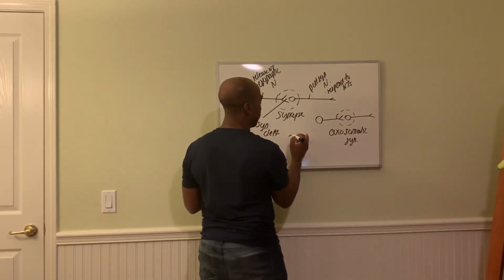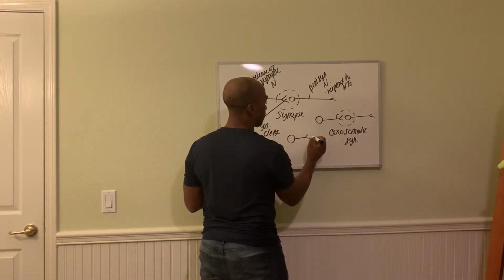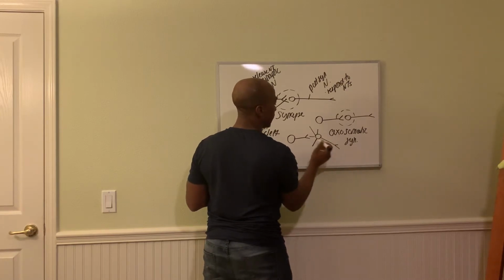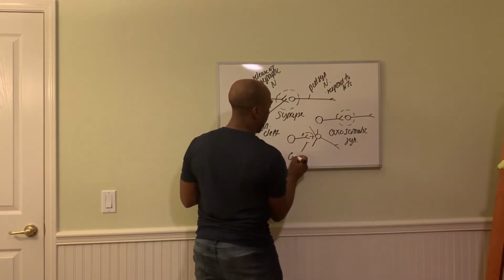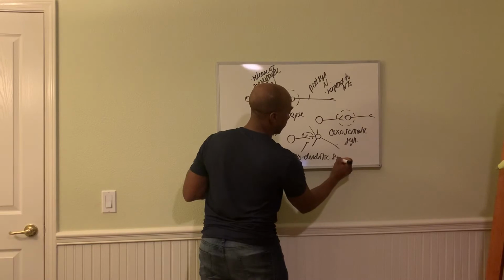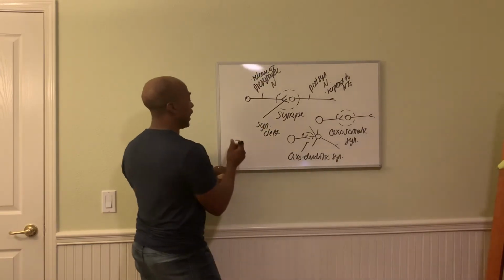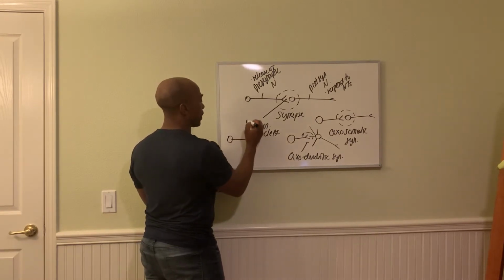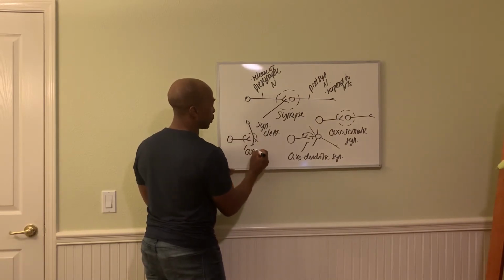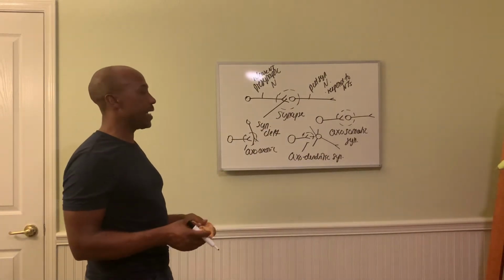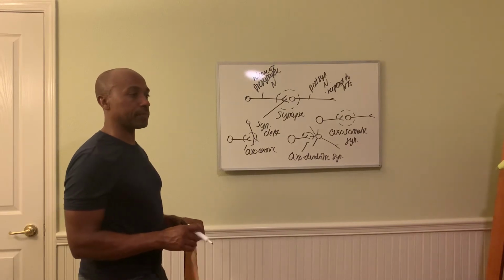Here, if we have the axon synapsing with the dendrite, this one here is called an axodendritic synapse. And in some cases, you may also have the axon synapsing with an axon, like so. Okay, so this synapse here is called your axonic synapse. So there are three types of synapses: axosomatic, axodendritic, and axonic synapses.